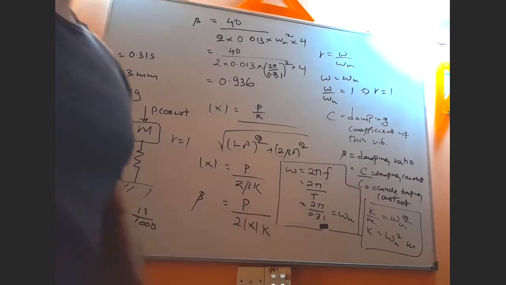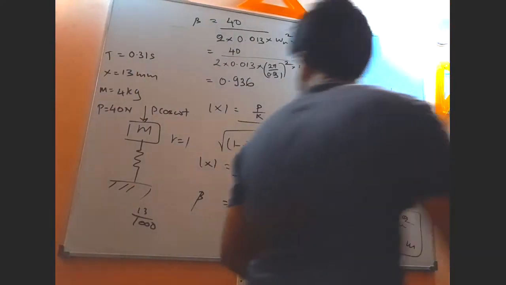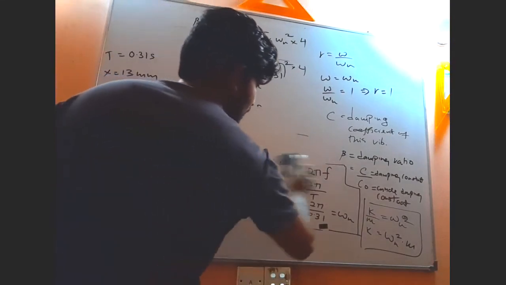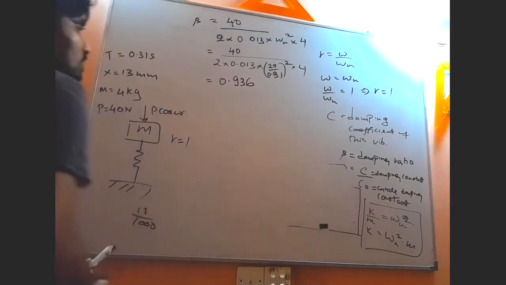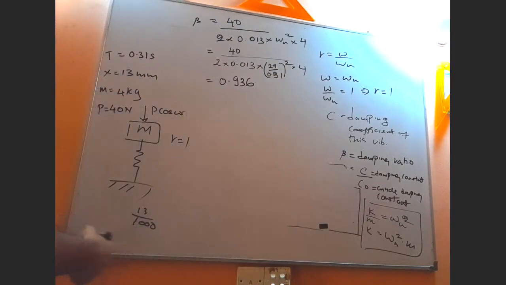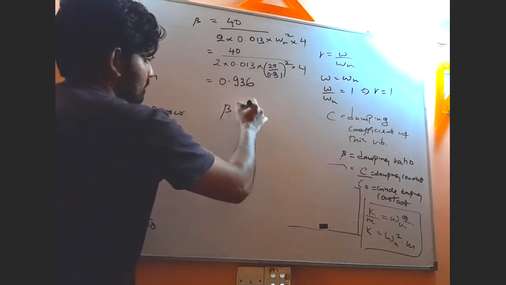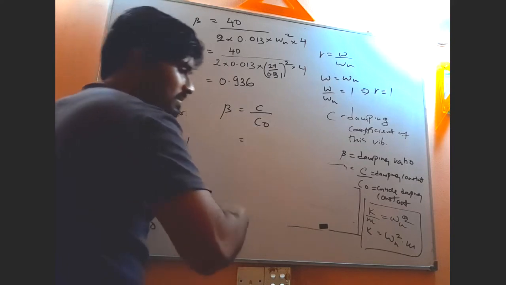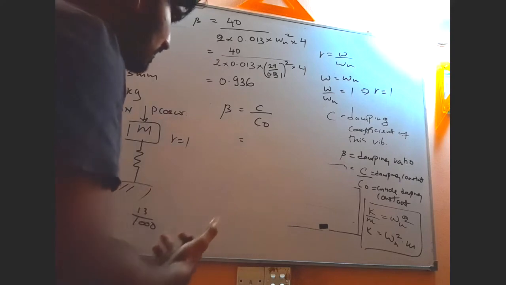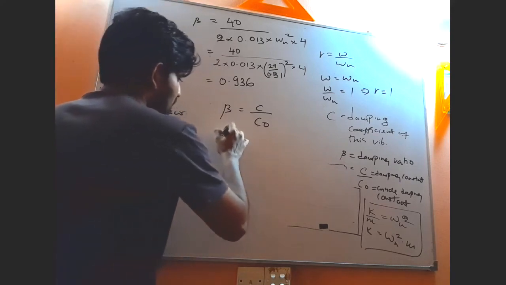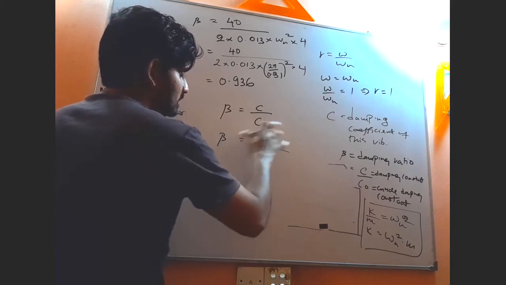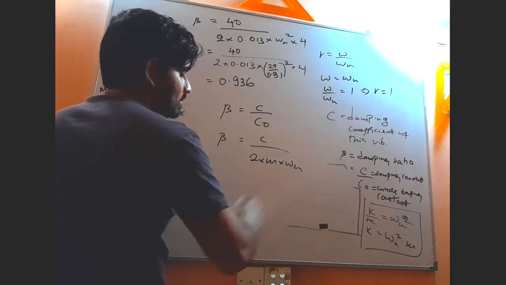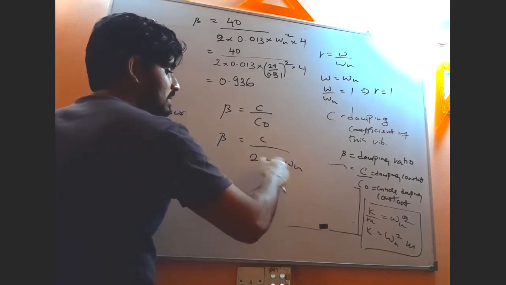Now I will again erase. So now what is the damping constant or the damping coefficient? Beta equals C by C naught, and C naught is the critical damping constant, which has a separate equation: C naught equals twice m times omega n, twice the mass of the system times the natural frequency.